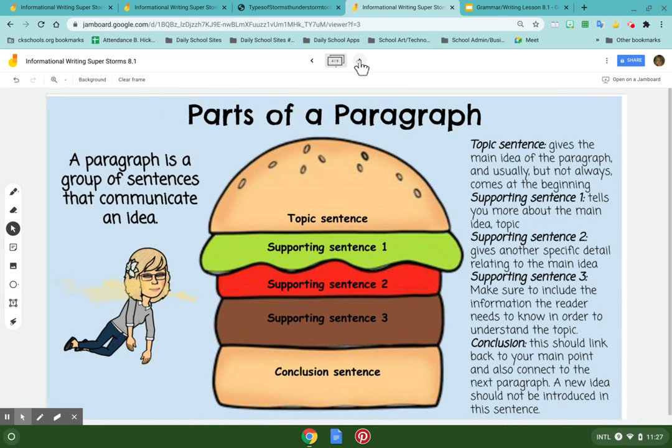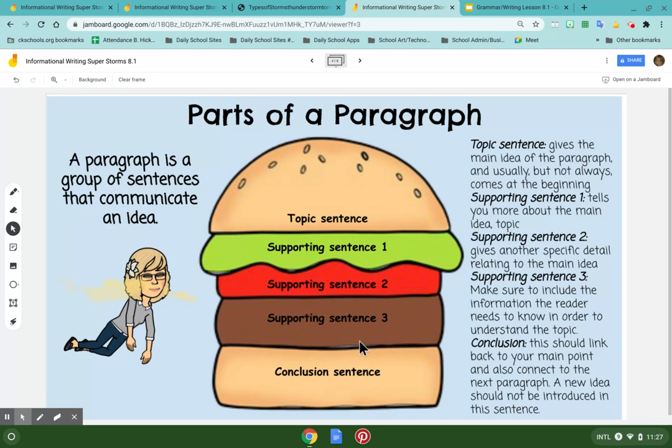All right. Remember the parts of a paragraph in an informational paragraph. It is the topic sentence or main idea. It usually comes at the beginning. Sometimes it doesn't, but it tells your reader what you're talking about. It has the facts and the details that support it. Think of it like a chair with legs. If you didn't have legs on your chair, the whole chair would crash down.